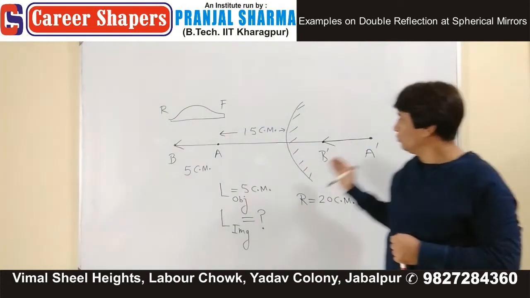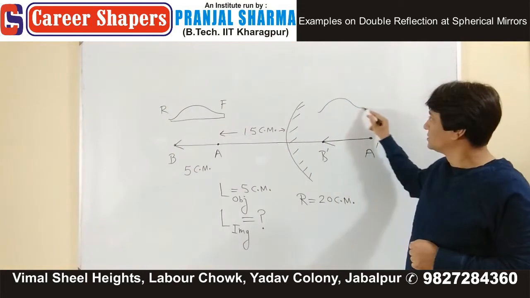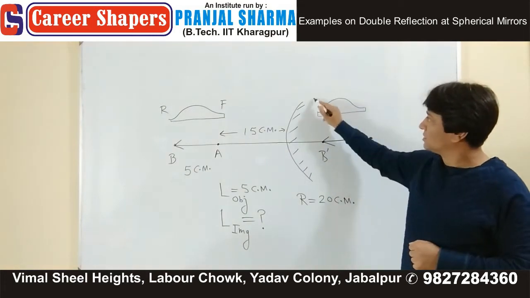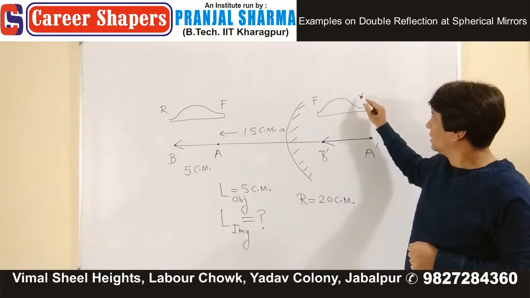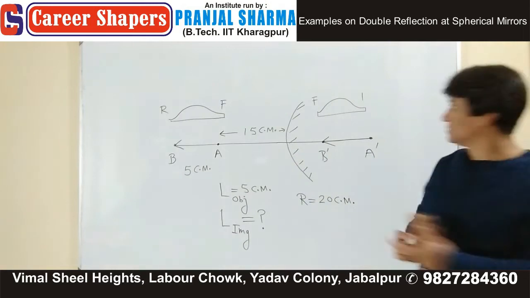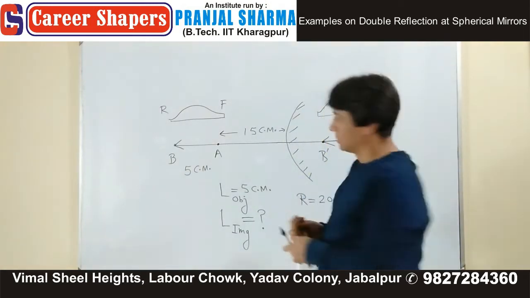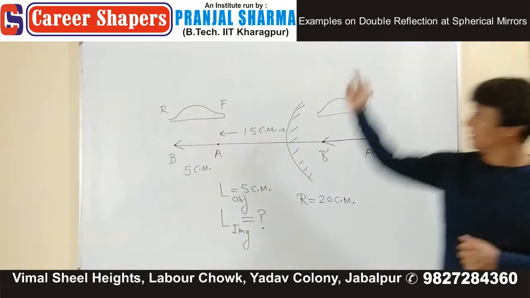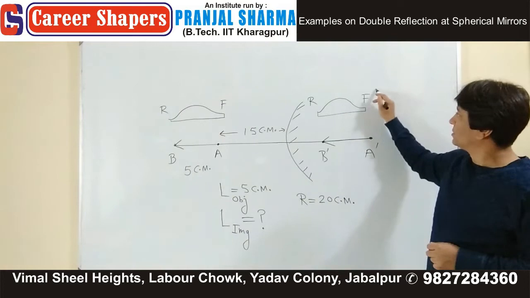If you form an image in this form, then what you are saying is that this is the rear bumper and this is the front bumper.